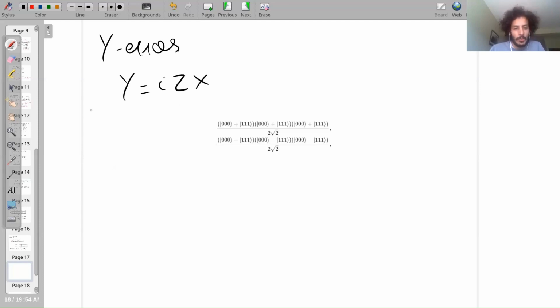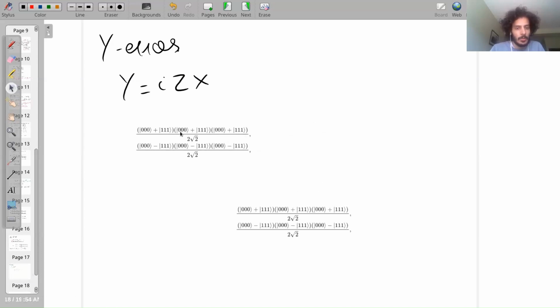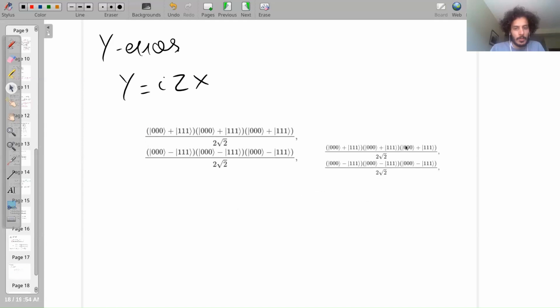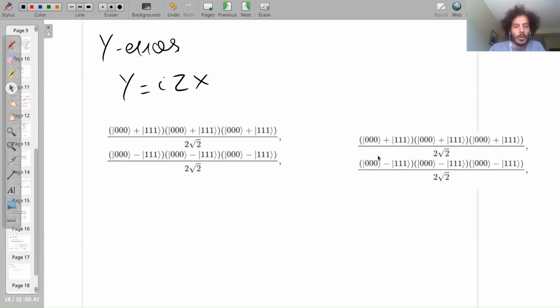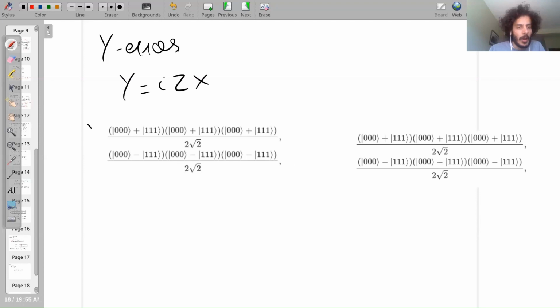So the impact of, for example, Y0 is equal to, you can see that Y is just saying that there's an overall iota sign that will just remain, and I'm just applying it to the first guy, which tells me that this phase will be flipped because of Z, and these guys will be flipped. The first qubit will be flipped.